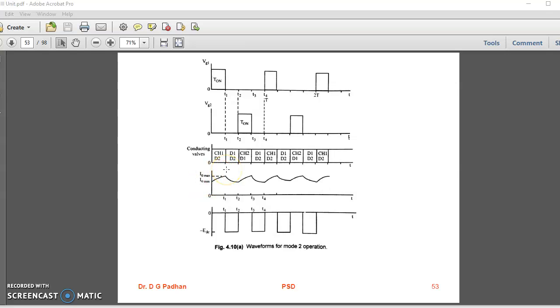At t equal to t1, chopper 1 goes to off state, as VG1 is removed.